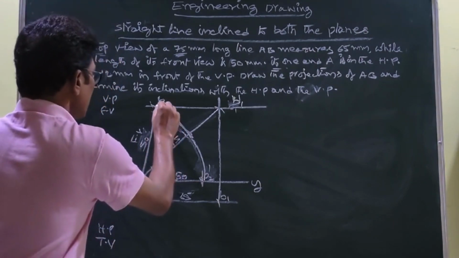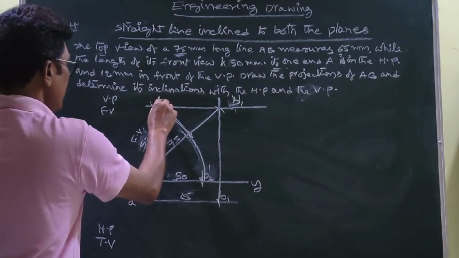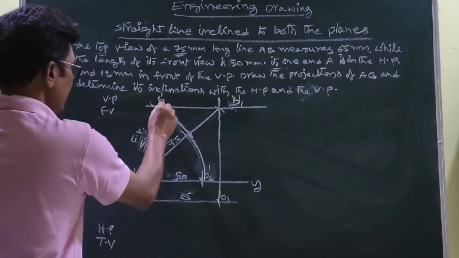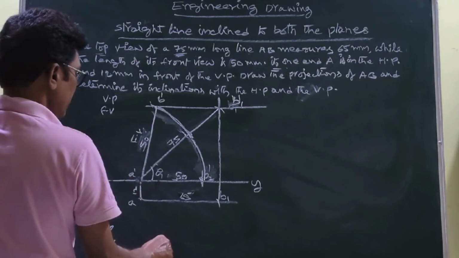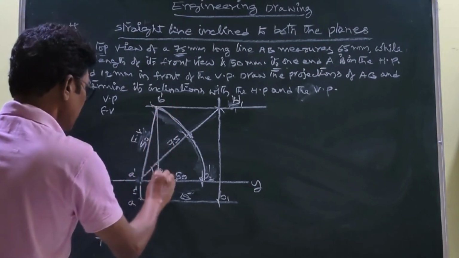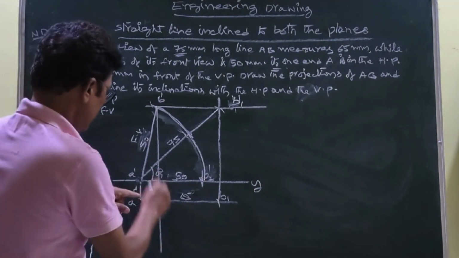Then we know that when the line is inclined to both the planes, B in the top view and B dash in the front view are in the same line. We know that relation. Vertical line, projector.